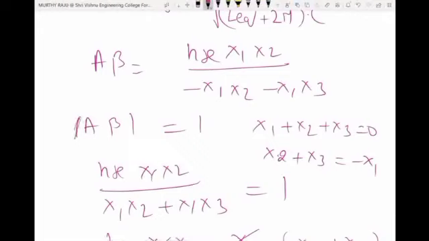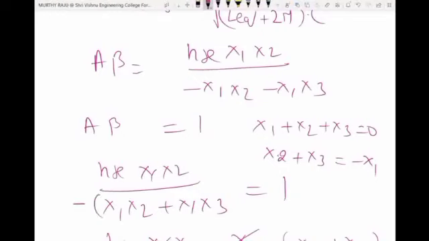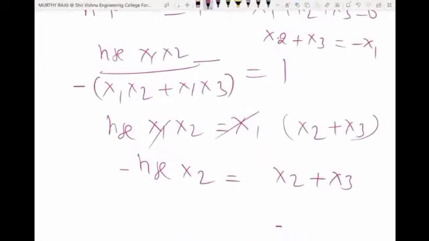Here mod is removed, A beta is equal to 1. Minus into minus h of e x2 is equal to x2 plus x3 is equal to minus x1. Minus gets cancelled.